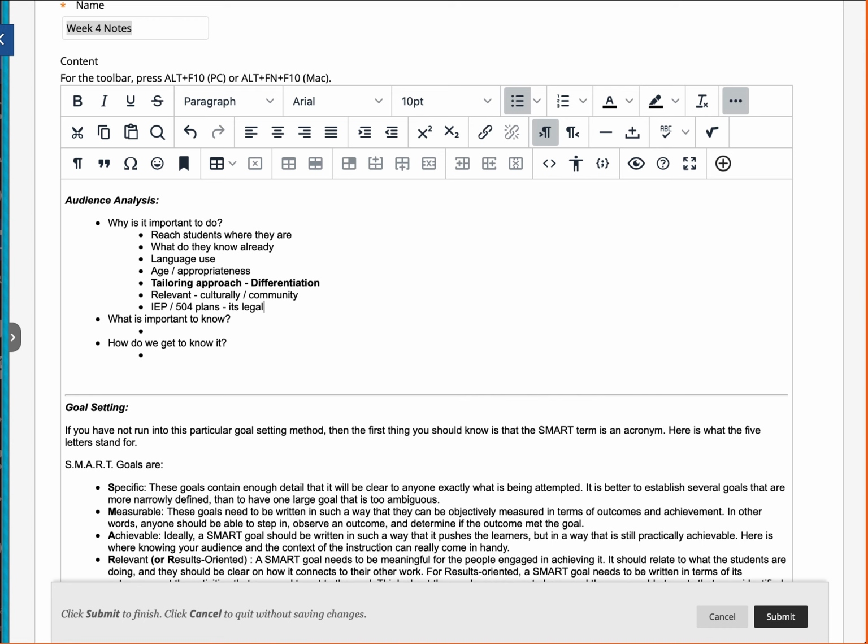You can get into serious trouble if there's a meeting and a student's not doing well in the class and they come to you and ask, what are you doing to accommodate this student according to their plan? And if you say, I don't even know what their plan is, or I'm not sure what they're supposed to be getting, that can put you in a fair amount of hot water. So yeah, definitely knowing what those plans are.